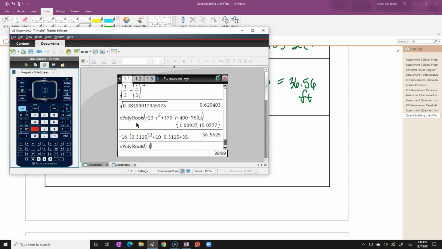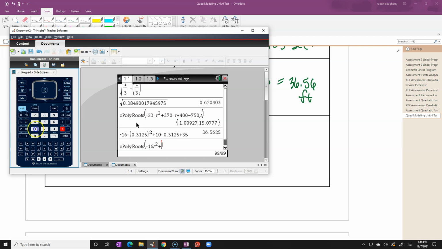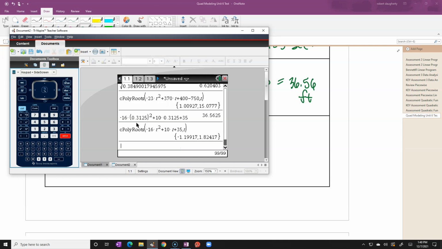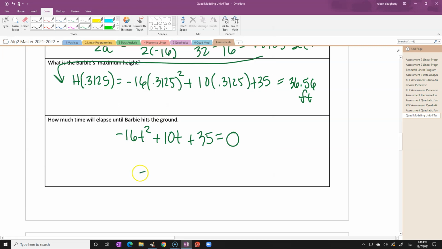So negative 16 t squared plus 10t plus 35, comma, t, and negative 1.19 and 1.82. The one that makes sense is the 1.82. So Barbie will be in the air for 1.82 seconds.